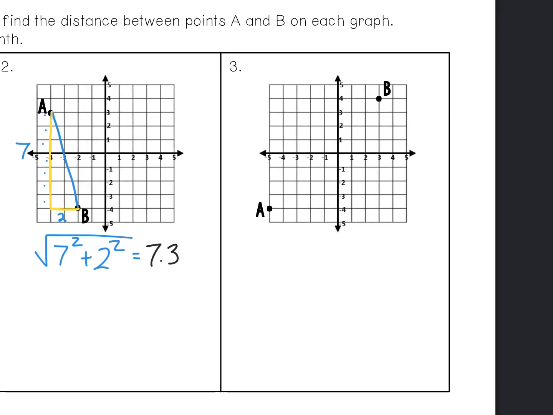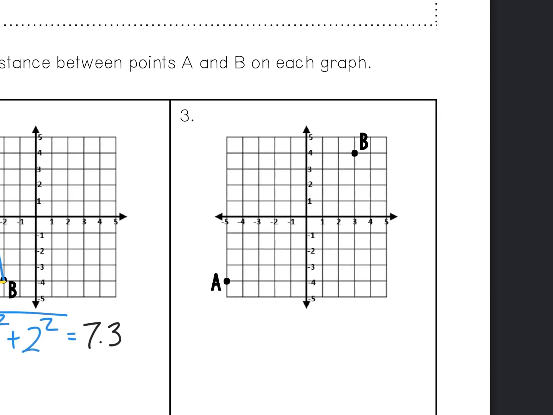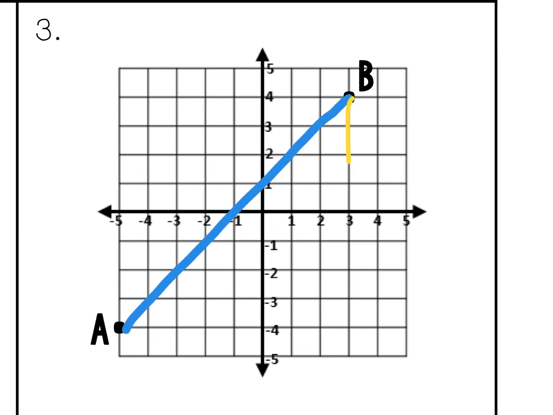Okay. What about the next one? What do I need to do first? Connect my dots and draw the triangle. So, okay, so now that we have the triangle, we need to identify the length and width.